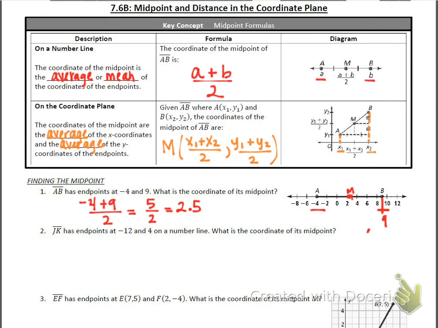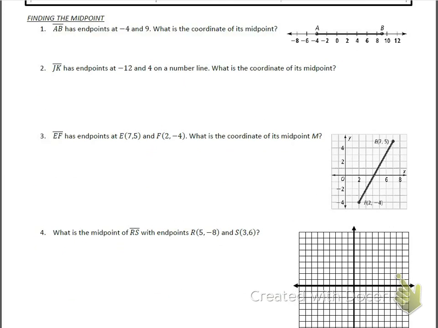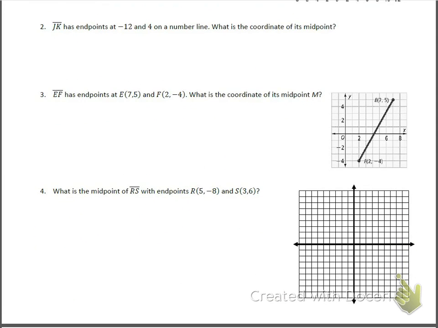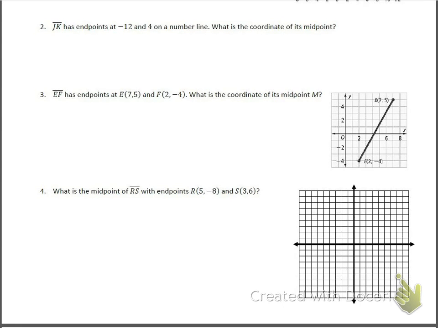Okay, and we're going to do number 3. Okay, you guys ready? So number 3, segment EF, and I already drew the segment for you. Segment EF has coordinates at E (7, 5) and F (2, -4), and I want to know what is the coordinate of M. So we would write capital M, parentheses.